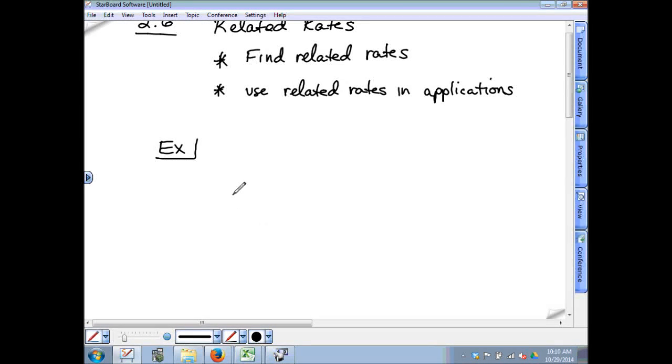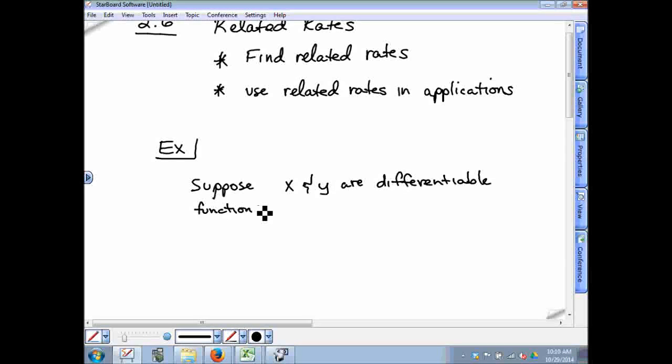We have this situation. Suppose x and y are differentiable functions of t.